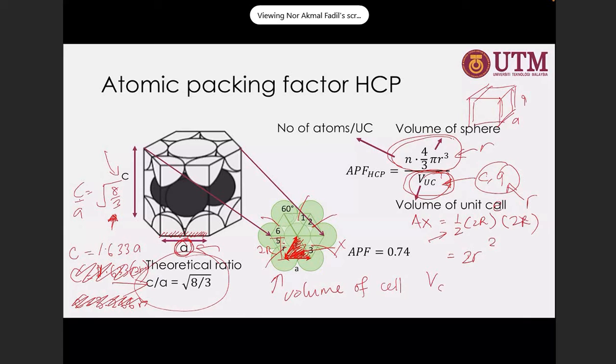So the volume of the cell equal to 6 multiplied by 2R squared, multiplied by C. So what you get is 1.633 multiplied by 12, you got 19.596. Okay, so n equal to 6, 6 multiplied by 4 divided by 3 multiplied by pi equal to 25.